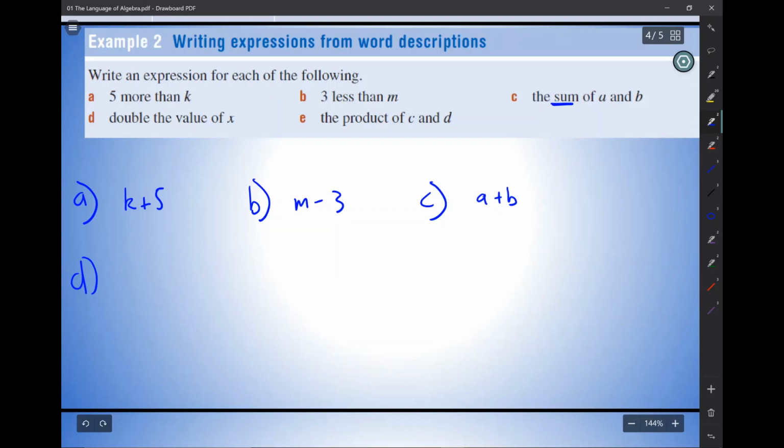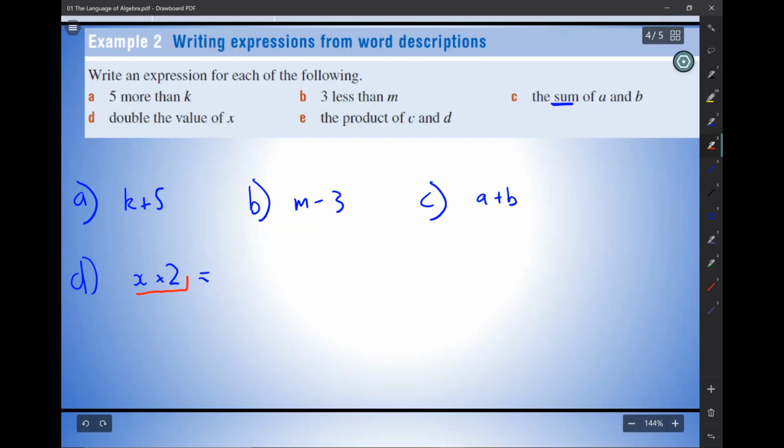Double the value of x. The way we double the value of something is we times it by 2. And this is a really important point that we're going to come across a lot in algebra.